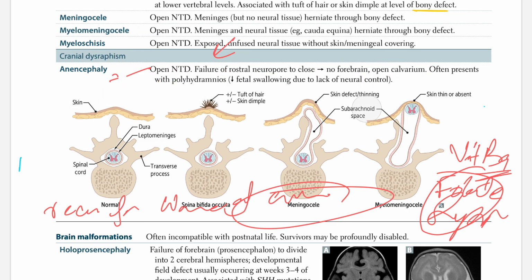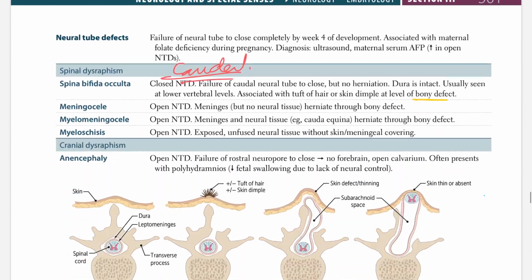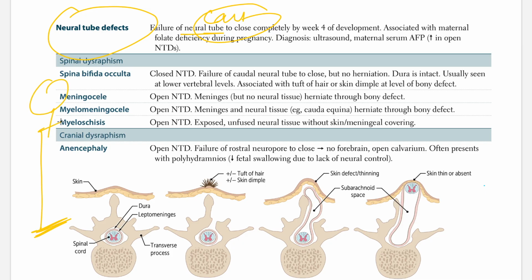Let me erase all of this. All right, so we talked about neural tube defects. When the neural tube does not close either caudally, and what is caudal? Let's say this is the head. Head is rostral, also known as cephalic, towards the head.